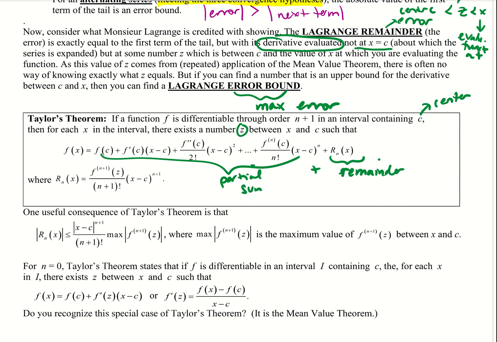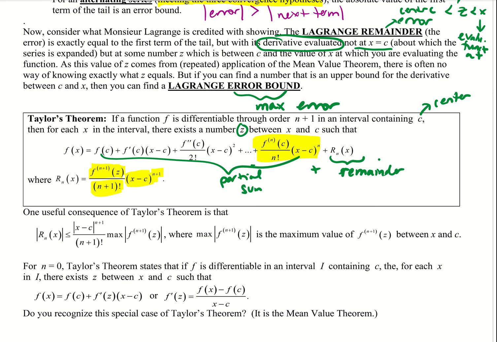We can find out what that remainder would look like if we take the derivative at this very special place, z, and then we use our regular rule for Taylor polynomials, where we have x minus c raised to whatever power the derivative is at, and then divided by the factorial of that same amount. So this is still our formula for a Taylor polynomial, but this is the next term. If our general term is in terms of n, the remainder here could be modeled by this.